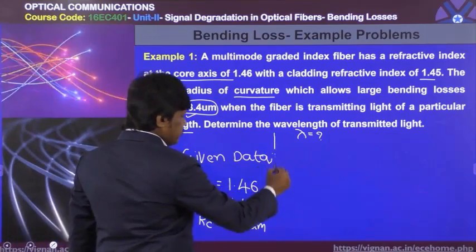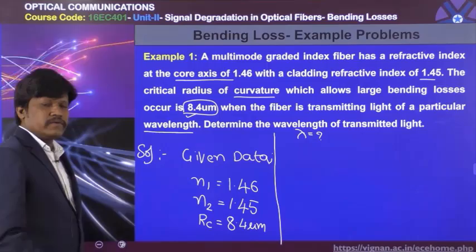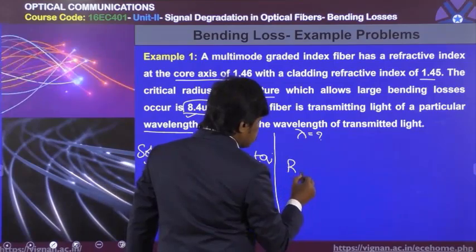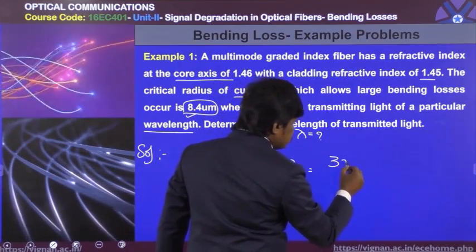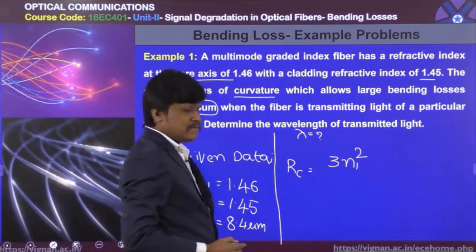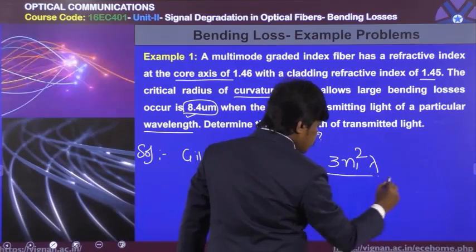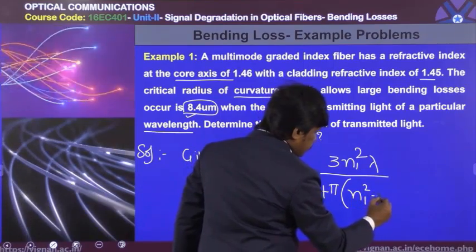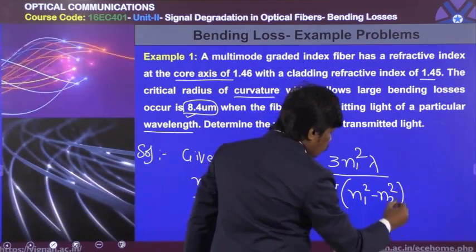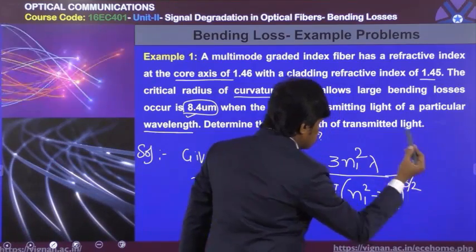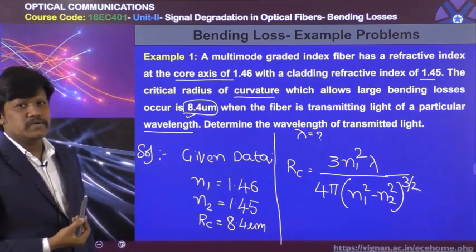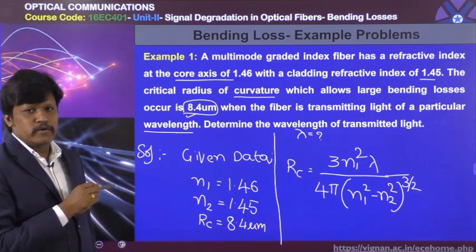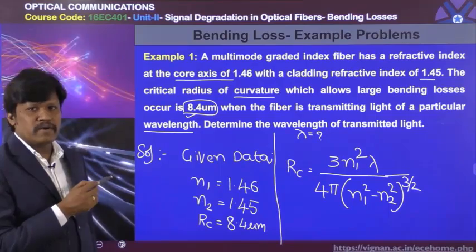We know that critical radius RC is equal to 3 n1 square lambda by 4 pi into (n1 square minus n2 square) whole power 3 by 2.